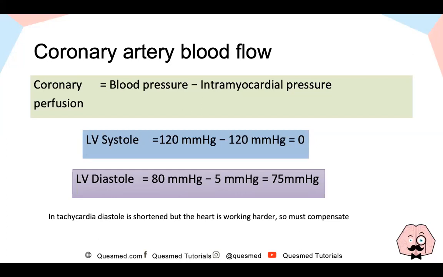In tachycardia, when the heart's beating really fast, there's a reduction in the amount of time that the heart is in systole, and also in diastole, because obviously everything is happening quicker. So each cycle of the cardiac cycle takes place over a short amount of time.